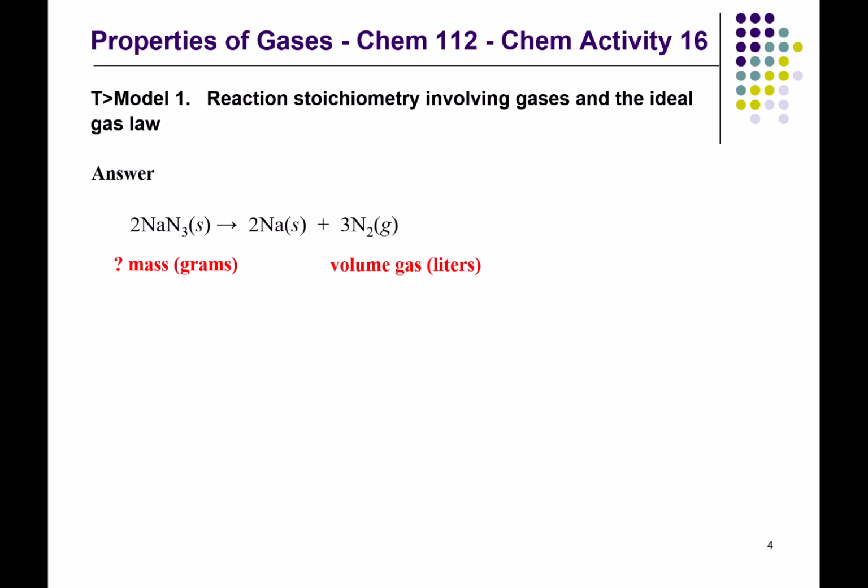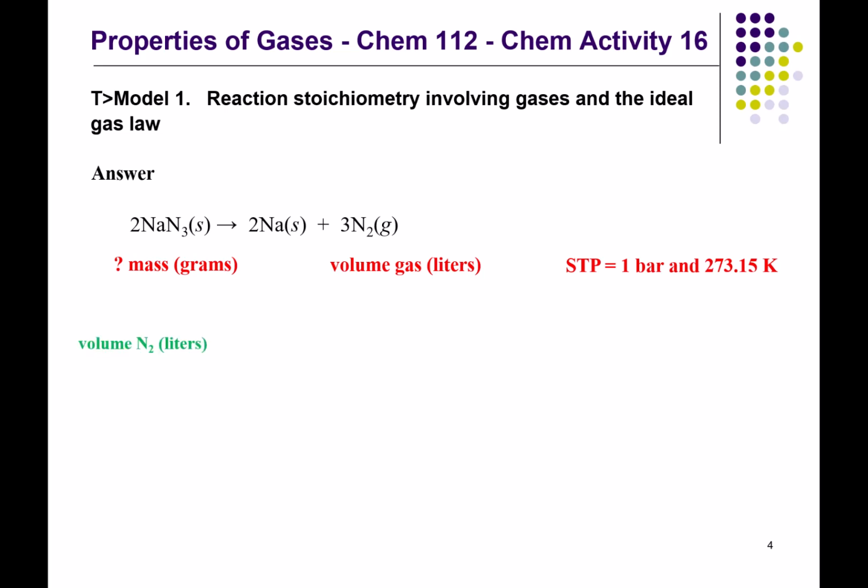Here's our balanced equation and what we know and what we're trying to find out: the volume of gas in liters and the mass of the material in grams. Of course, we know some other things as well. We know that the pressure is 1 bar and that the temperature is 273.15 Kelvin. These are exact values because these are standard STP conditions. Let's take a look at a unit plan to do this particular conversion.